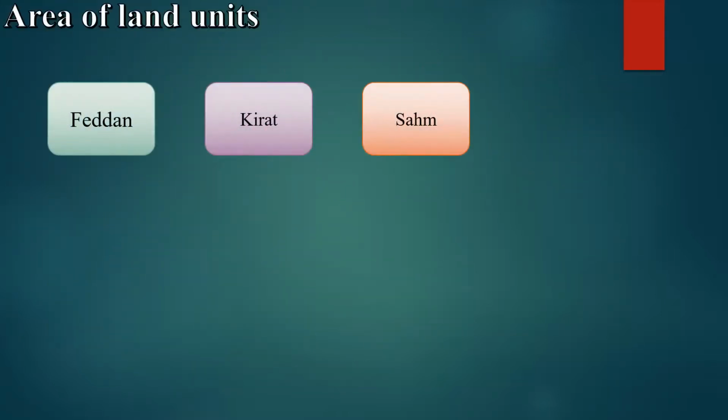Area of land units. Land units like farmland, we can hear it in farmland like Feddan, Kirat, Sahm. From Feddan to Kirat times 24, from Kirat to Sahm times 24, backward you divide.